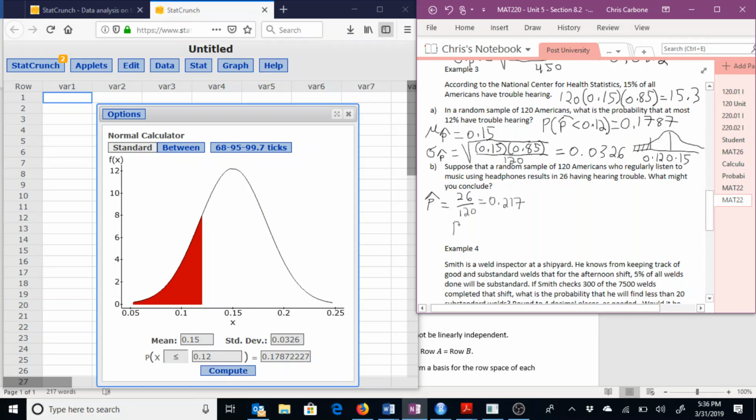And we want to find the probability involving p hat here. So let me just quickly draw again a rough sketch of this. So using that same mean of 0.15, 0.217 I would say is about here-ish.